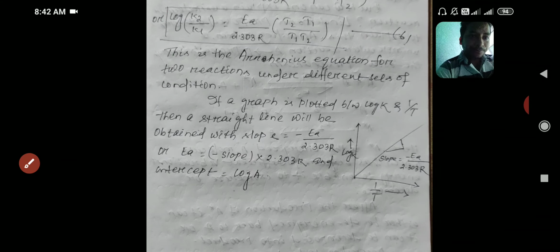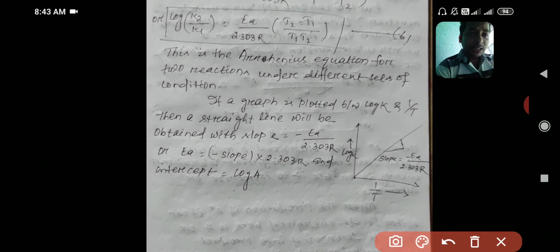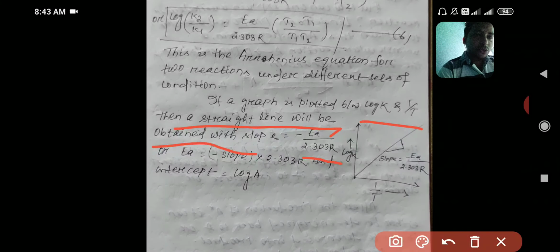This is the final Arrhenius equation. You have to derive up to this. This is the Arrhenius equation for two reactions under two different conditions. And if a graph is plotted between log k and 1 by T, then a straight line will be obtained whose slope is minus Ea by 2.303, and from this formula we can derive the formula for activation energy also.